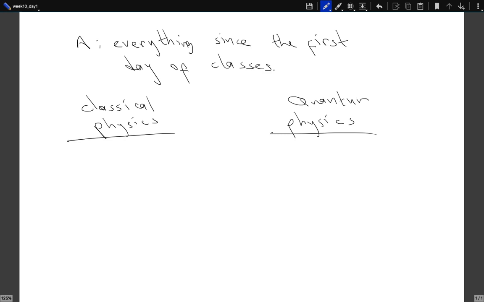In classical physics, we talk about the position, momentum, and the energy of the particle. In quantum physics, we don't talk about the position, momentum, or the energy of the particle, but we specify the state of the particle, let's say, in terms of the wave function. That is our crucial quantity.